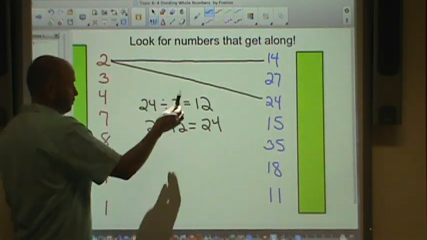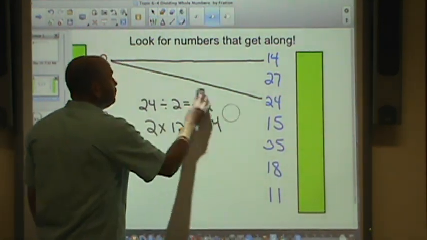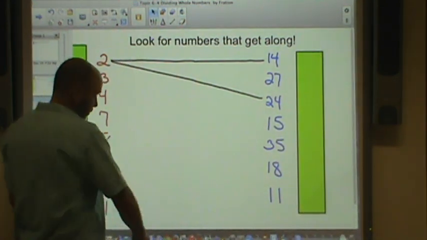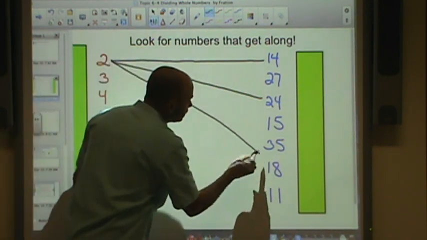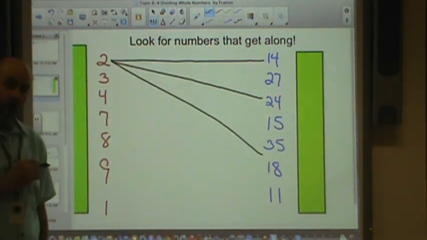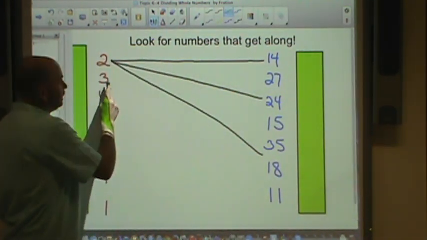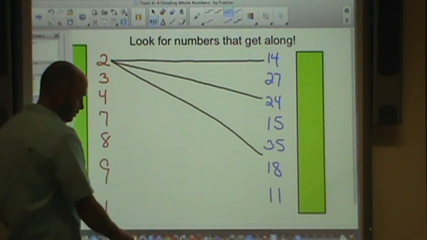So 2 gets along with 24 through some sort of operation or numerical arrangement. So when you look at this, you can immediately say, okay, then 2 is going to get along with 18 also. If you look at 3, you're beginning to say, oh, 3 gets along with some of these numbers.